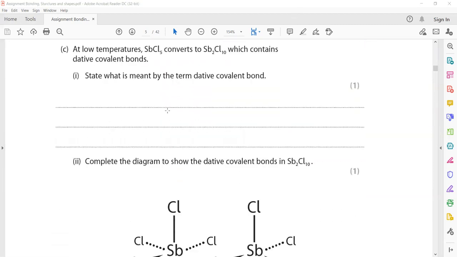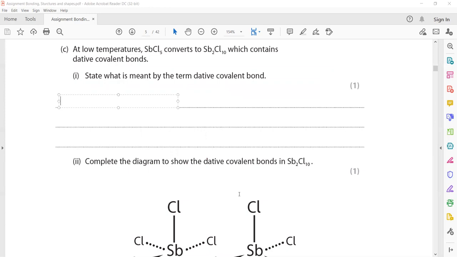Then at low temperature, SbCl5 converts to Sb2Cl10, which contains dative bonds. What is meant by the term dative bond? How do we define a dative bond?